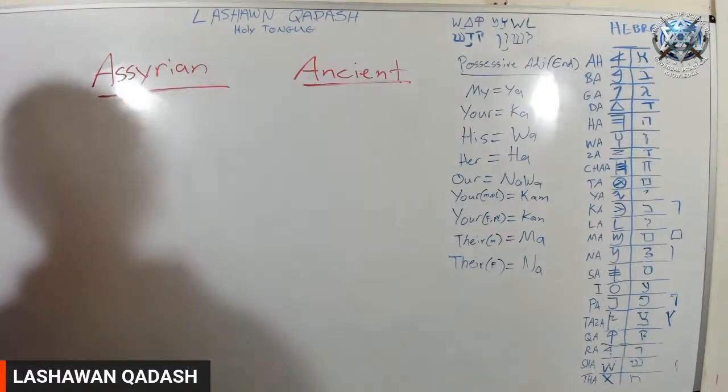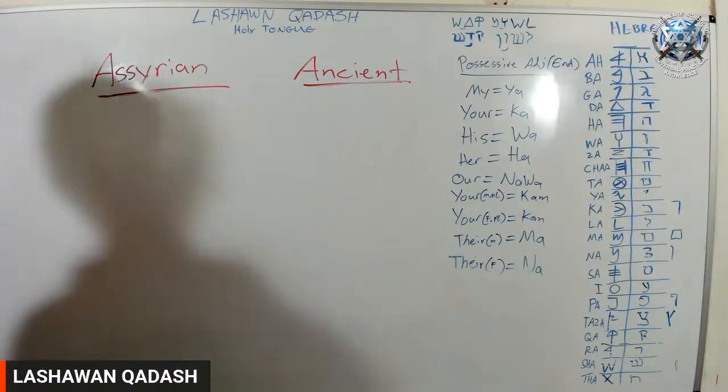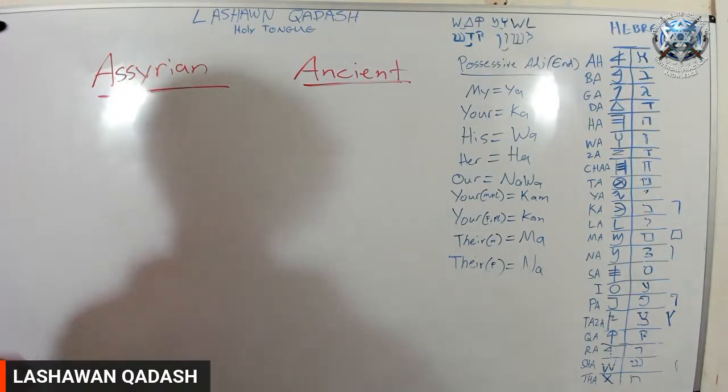All right, give me the character Tha. And the Assyrian, and then in the ancient.